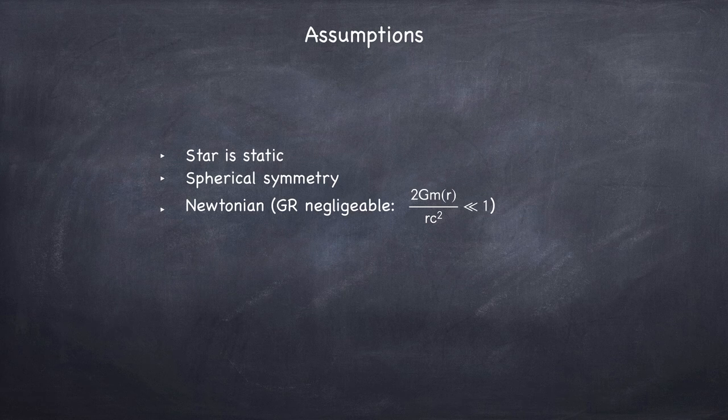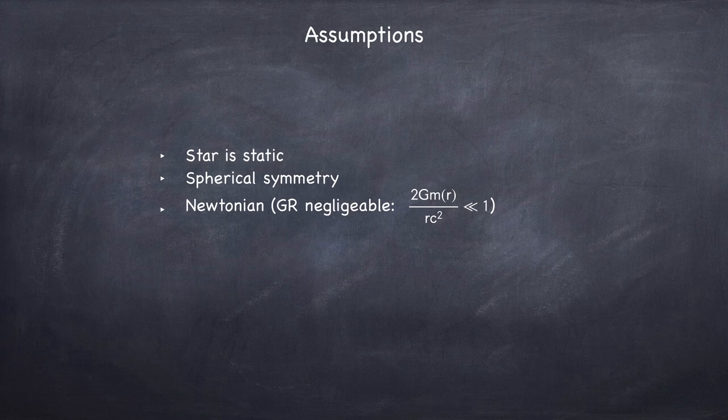Mathematically, this means that everywhere inside the star, the quantity 2Gm/(rc^2) is much less than 1, where r is some radial position, m is the mass enclosed inside that radius, G is Newton's constant, and c is the speed of light. This quantity is often called the metric deviation, so in case I refer to it that way, you'll know what I'm talking about.